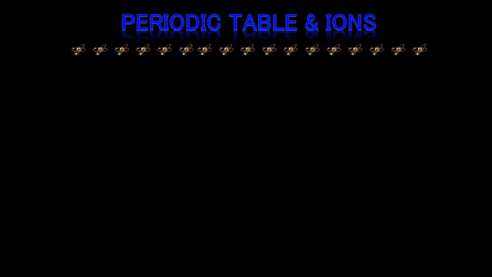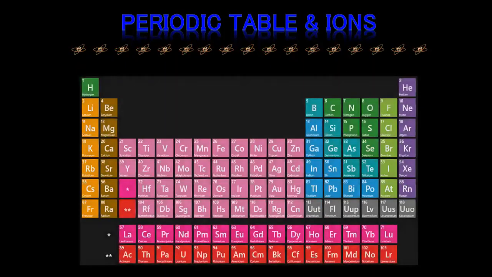Now let's look at some specific groups, some specific columns. This is the first column, the first group of elements. In this group, they have one electron in their outermost shell. So when they form bonds, they're likely to lose that electron.